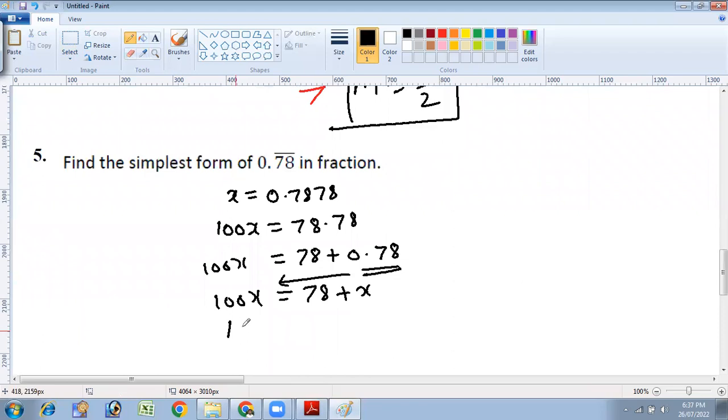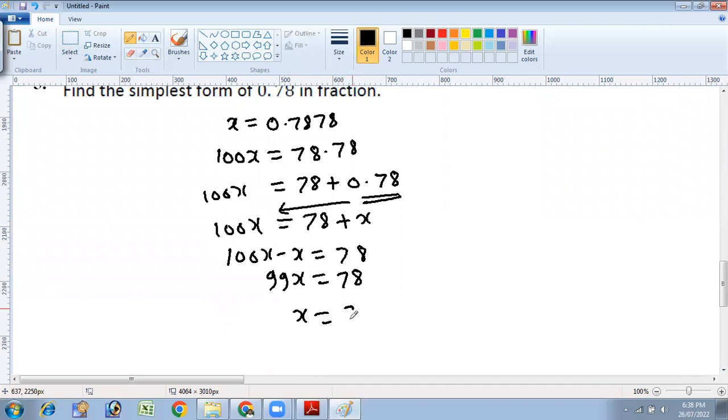Put this, 100x minus x is equal to 78. So it will be 99. 99x is equal to 78. So x is equal to 78 upon 99. Very good, at least you solved it. Sir, we can simplify it.